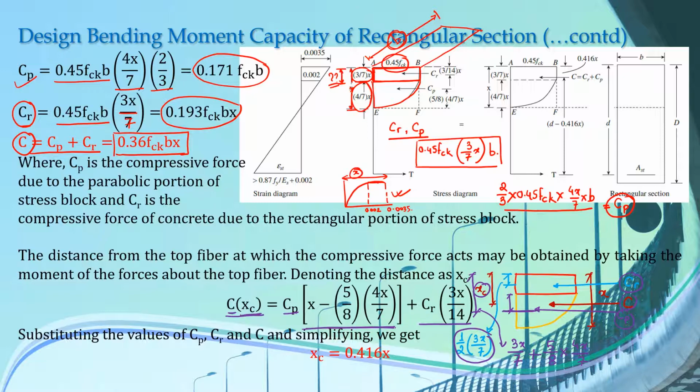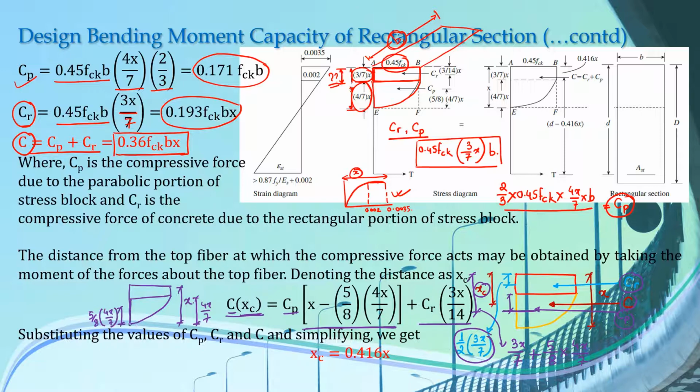So how did we get this? Let me draw the diagram here again. This total depth is x here, and this distance of only this parabolic block is 4x by 7. And our compressive force CP acts at a distance of 5 by 8 times of this width here, 4x by 7.